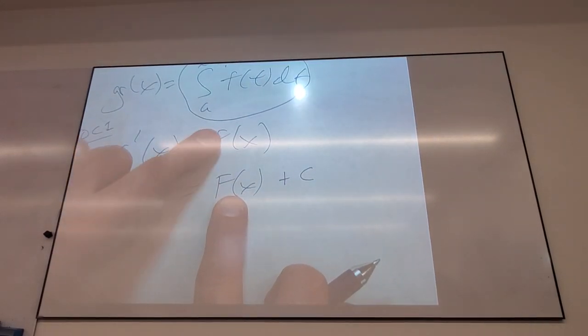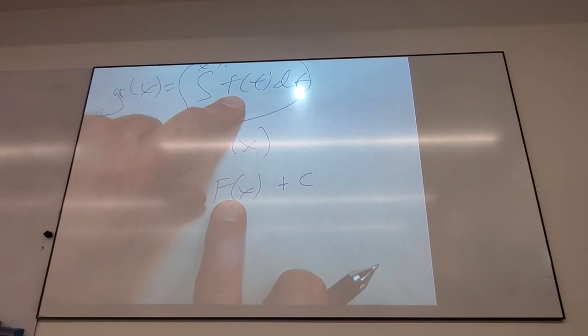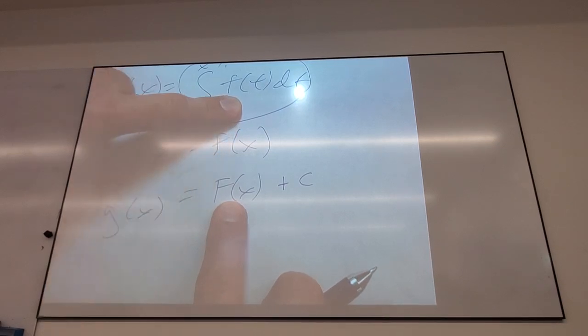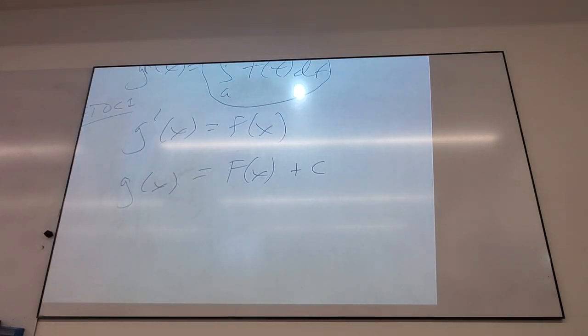The antiderivative of the function that's in there, yes? So this is the connection between the area under a function f and the antiderivative of f. They're actually essentially equal. We got a little bit of cleaning up to do, but basically that's where we are. Okay, we'll let you think about that for a moment.